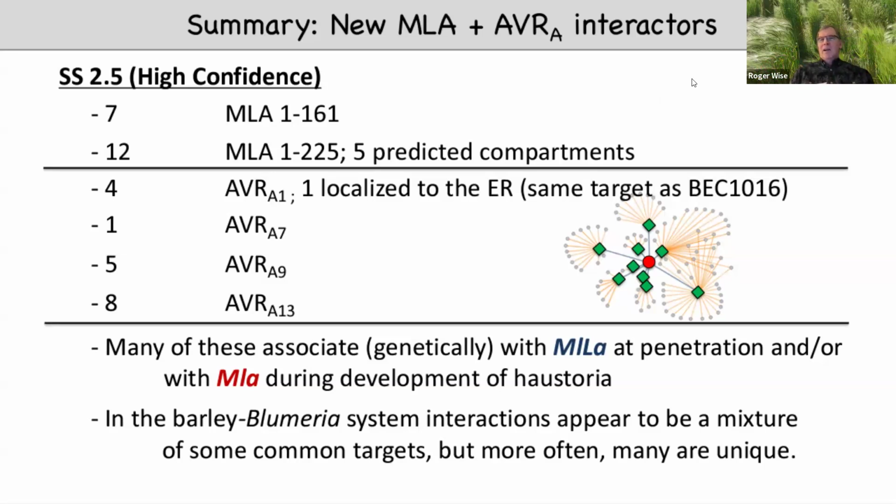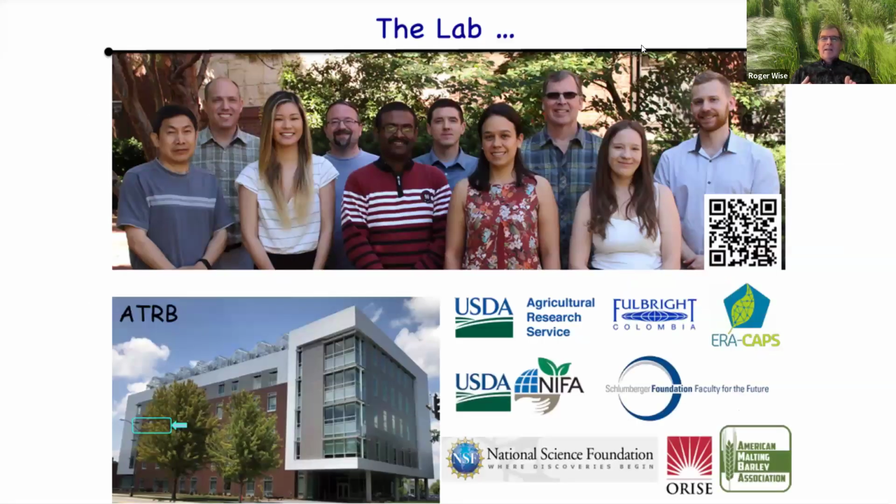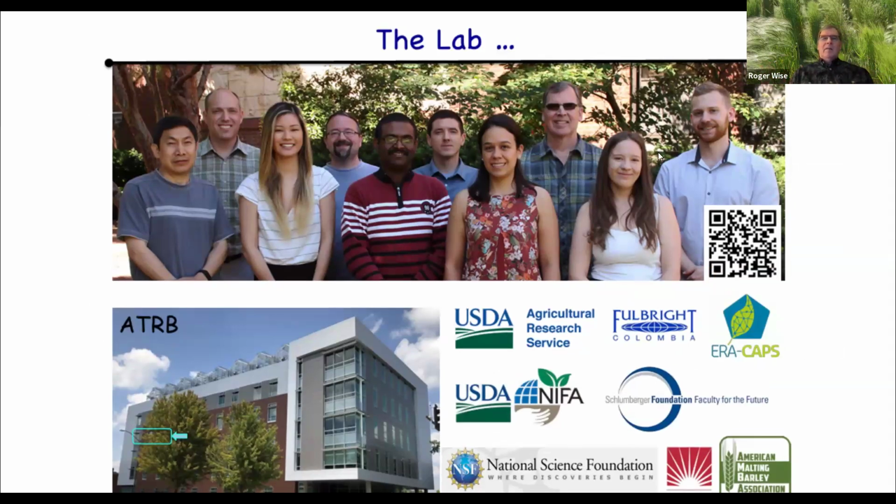So there's a lot going on at all different layers and all different cellular compartments. That's our job now, to figure out what that is. Next slide. This is just a picture of the group. We're a lot smaller now, but these are the people that did the work, and our funding sources. So thank you.